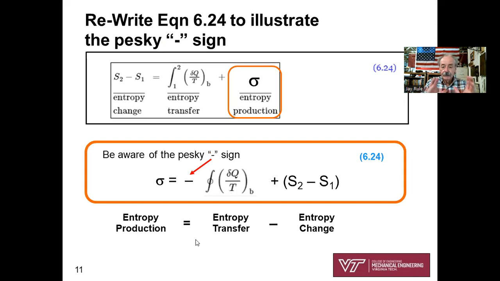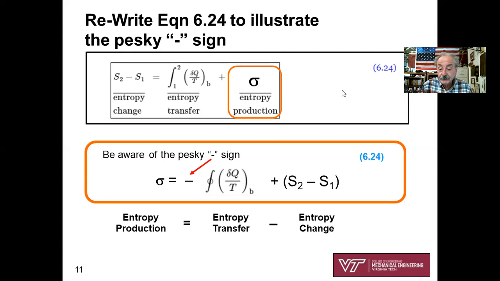Okay, and so here is equation 6.24, screenshot. The upper part is right out of the textbook. But what I like to do, I prefer solving for sigma because generally that's what you're looking to find. Sigma equals minus the integral of del Q over T, that little b says across the system boundary, the entropy transfer term, plus capital S2 minus capital S1, the entropy change of the closed system.